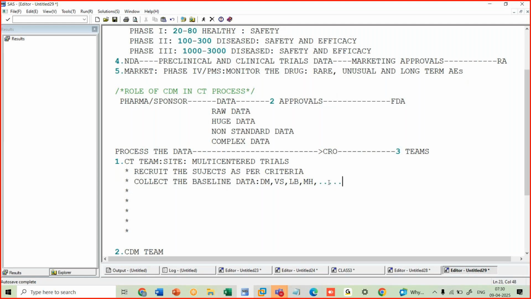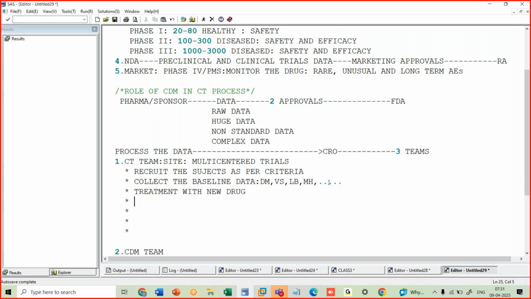This raw data will be collected. Any data that is collected before we start the treatment is called baseline data. After this, we'll start the treatment with the new, experimental drug.